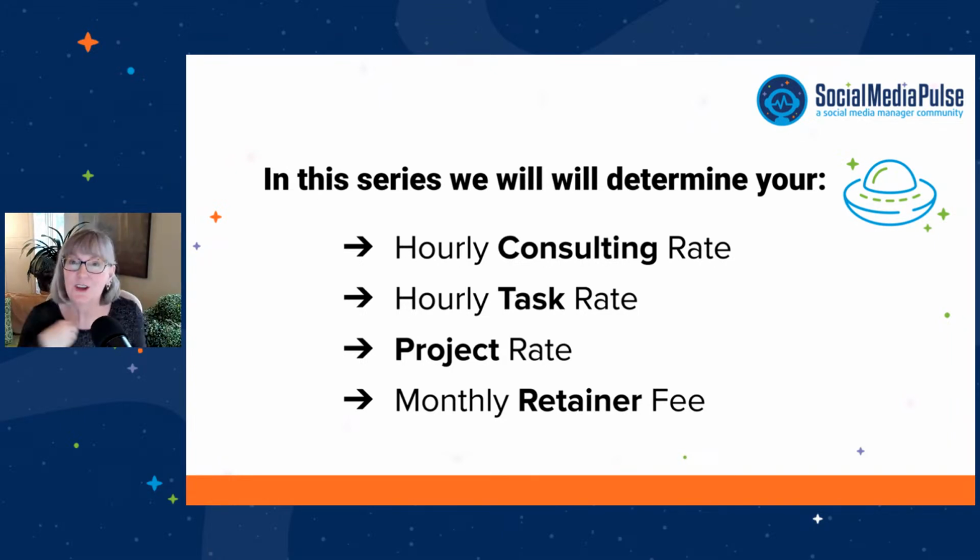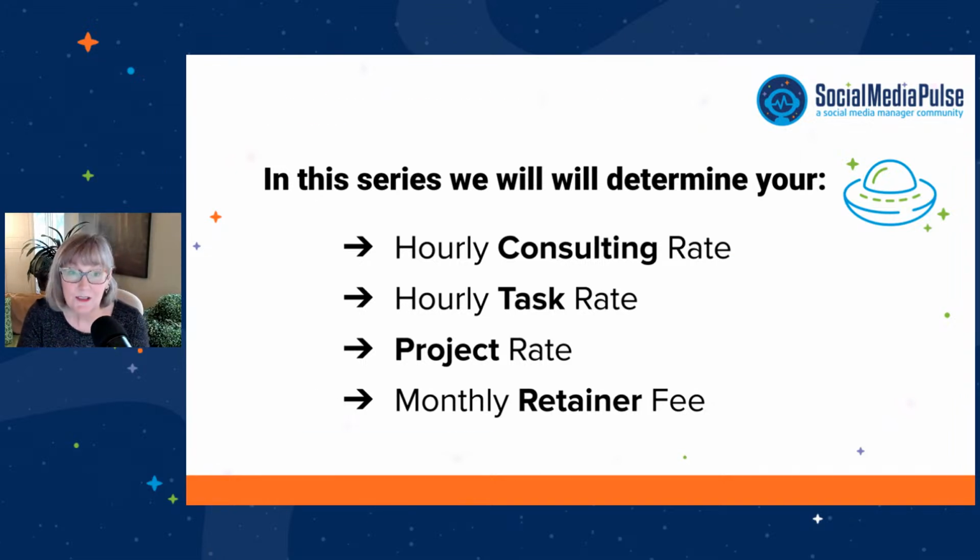But you need to know what it is so that you can figure out your project rate and your monthly retainer fee. Okay, so the consulting rate, whether or not you think you're a consultant, your task rate, which is an internal number that you need to know, and then your project rate and your retainer fee, which are both the ones that you would be sending to potential clients. Okay, so those are the 4.